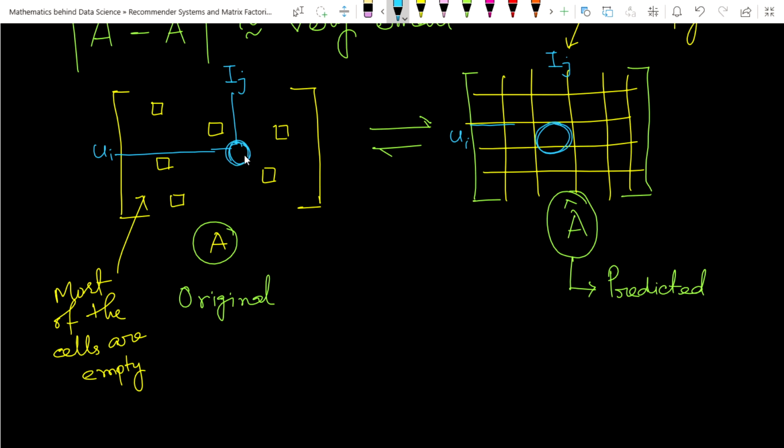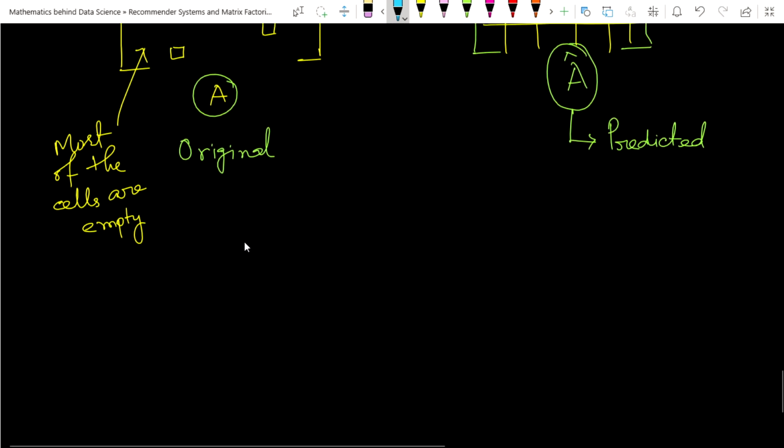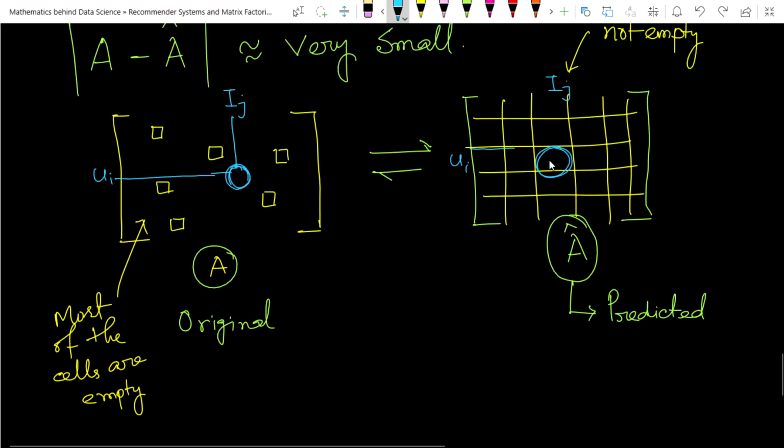So if we find this predicted value, we have to pick it up. These things are actually a_ij hat, the predicted value of this empty cell.